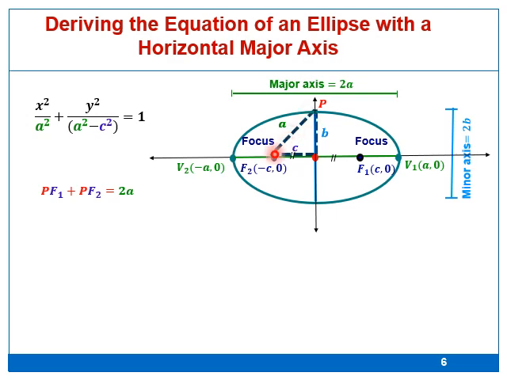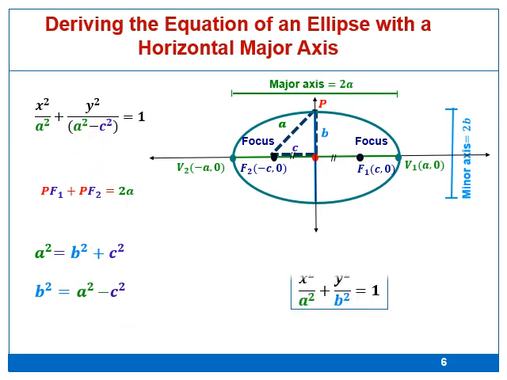Now we can draw this right triangle where its hypotenuse is a, its height is b, and its base is c. So a squared would be equal to b squared plus c squared. We can rewrite it as b squared is equal to a squared minus c squared and use this to substitute in the equation of the ellipse.